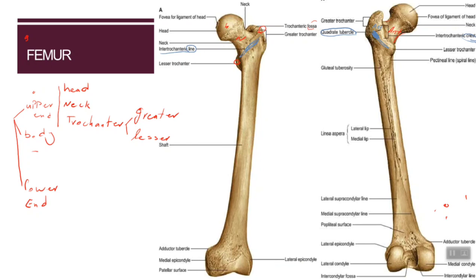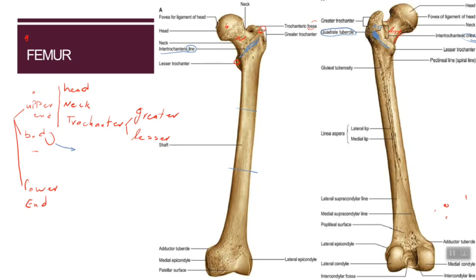Okay, another part is the body or shaft. In the middle of the femur, the body is more or less cylindrical. It's narrowest in the middle. This is the narrowest part, in the middle third.